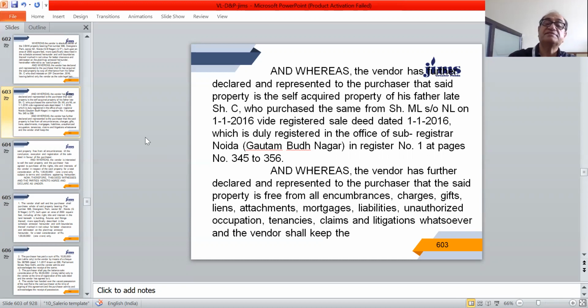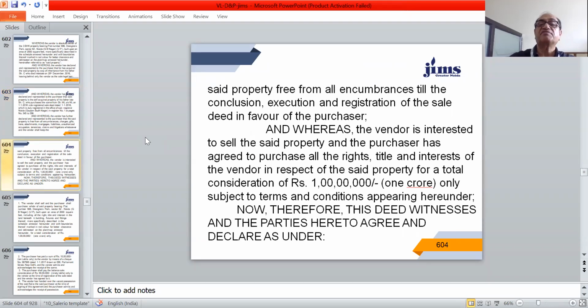Third paragraph: and whereas the vendor has further declared and represented to the purchaser that the said property is free from all encumbrances, charges, gifts, liens, attachments, mortgages, liabilities, unauthorized occupation, tenancies, claims, and litigations whatsoever, and the vendor shall keep the said property free from all encumbrances till the conclusion, execution, and registration of the sale deed in favor of the purchaser. So this is the declaration and commitment of the seller that property is free from all encumbrances.